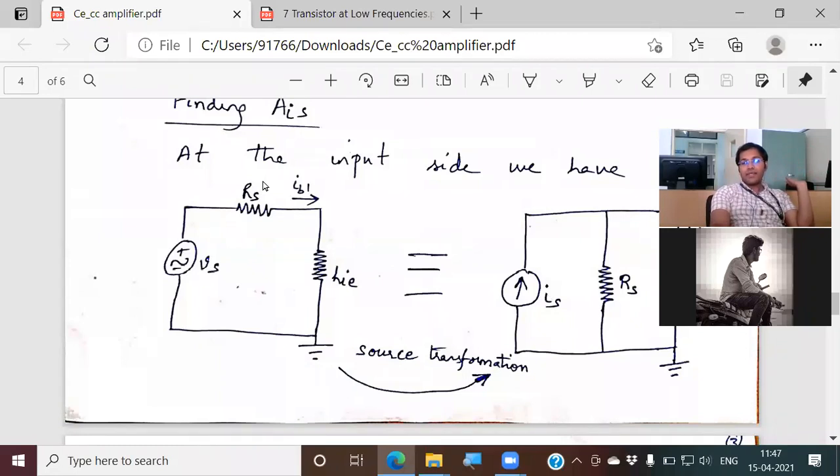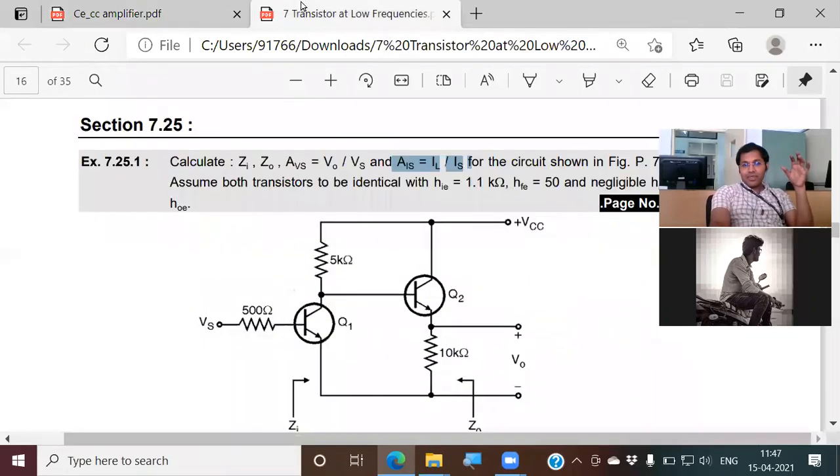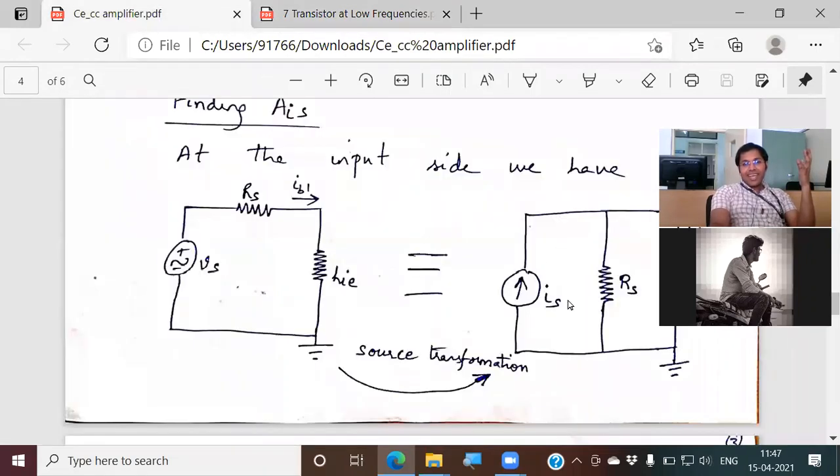But anyway, here we are not writing Vs by Rs, because the question is asking AIS, which is output current by Is. So this Is I am leaving as it is.